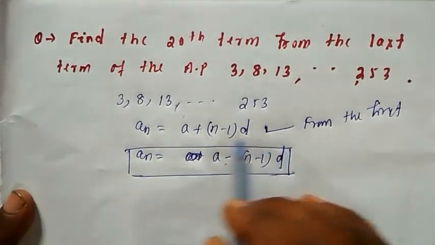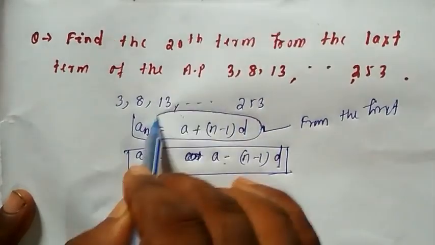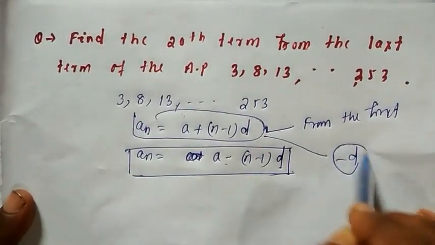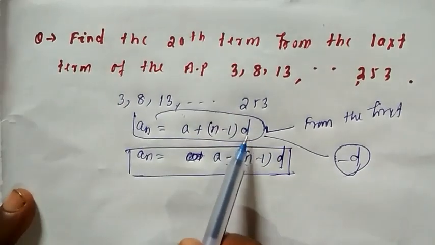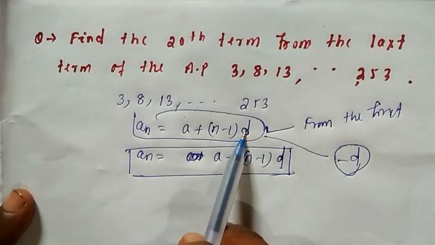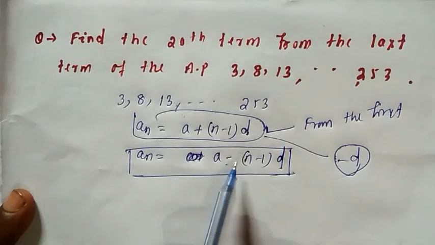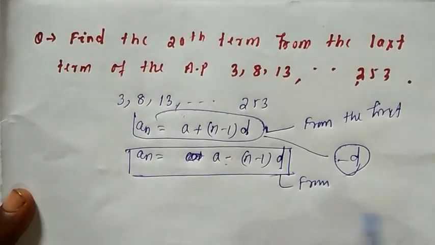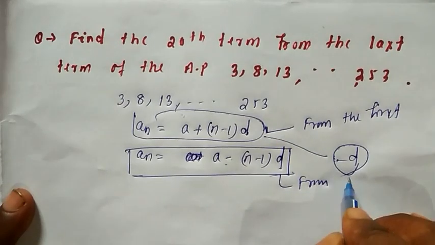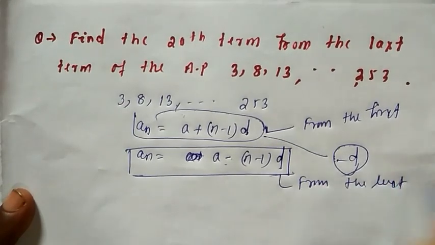Otherwise everything will be the same, only the common difference will be negative. If d is negative, then plus into minus gives minus. This is the formula for finding the nth term from the last.